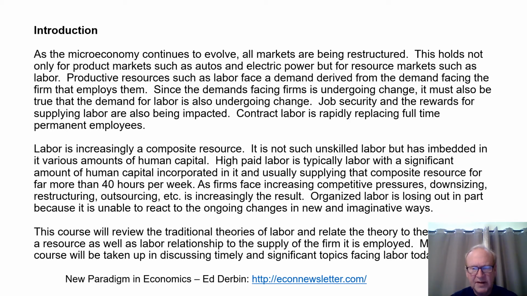There was much more of a physical side to that farmer 100 years ago. Today it's much more capital-intensive farming, and farmers have much more human capital embedded in them as well. Typically today, a farmer would be a college graduate. It's not unusual to have college graduates, MBAs, and so on and so forth on the farm. So this is the changing nature of labor, as we'll be walking through as we go forward.